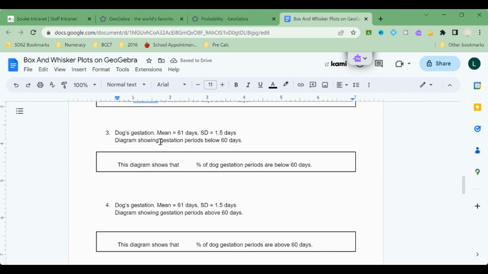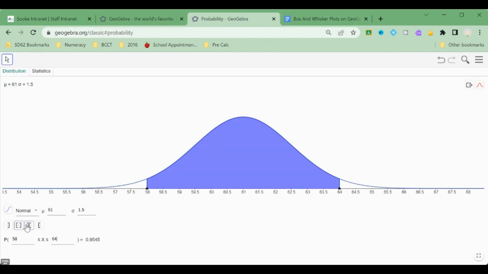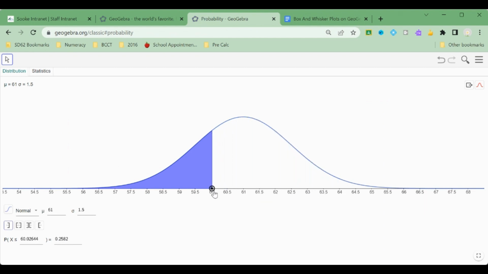Right, the next one says diagram showing how many gestation periods are below 60 days as a percent of all dogs. So I just want below. So let's go to the curve, and this time I want a below value, and I want to change this upper limit to 60. And so I'm just going to type this in here so I have it as exactly 60.